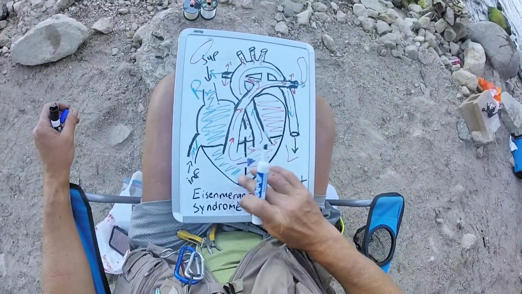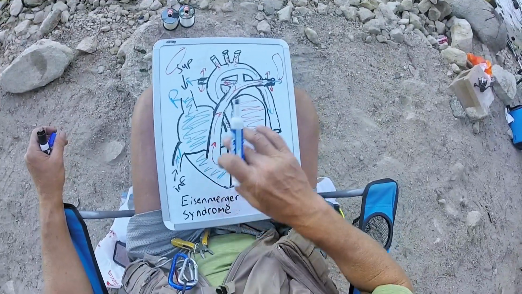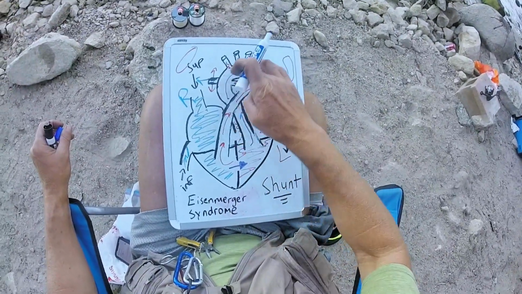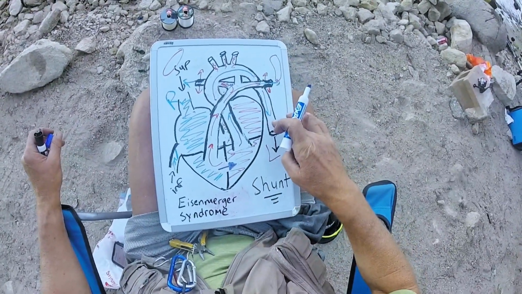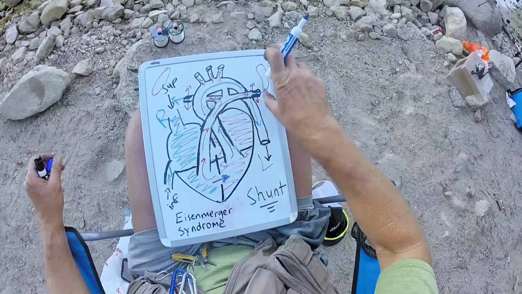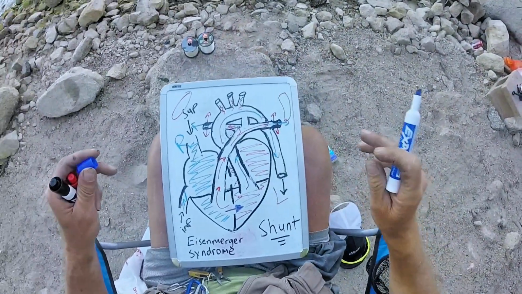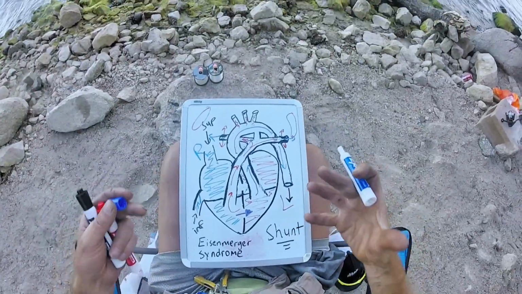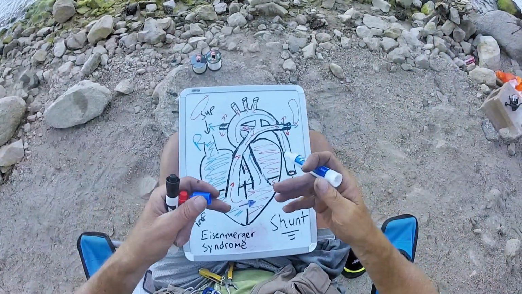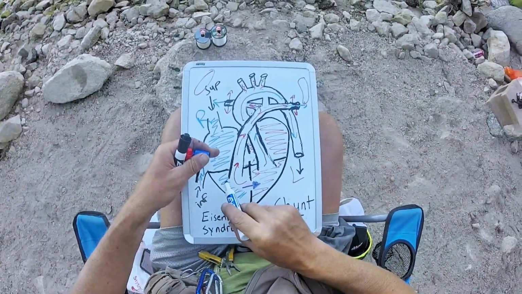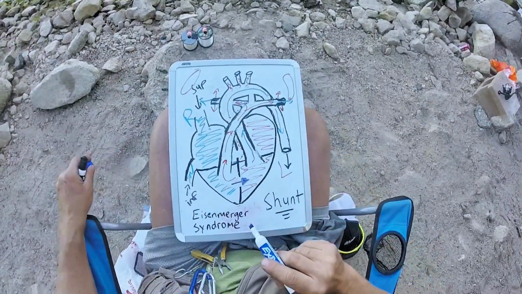Anytime we have deoxygenated blood going into the left side anywhere along this system, that is going to result in deoxygenated blood going to the body, cyanosis, and hypoxia. And of course, cyanosis just means someone is going to start to appear blue from the quote-unquote blue blood.